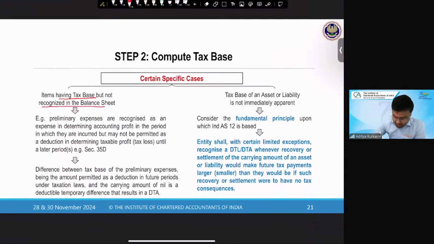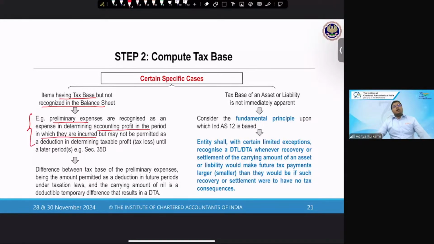I gave an example here, preliminary expenses. You would have studied Section 35D. I'm not much of an expert, but I just pulled this up from there. Preliminary expenses are recognized as an expense in determining accounting profit in the period in which they are incurred.